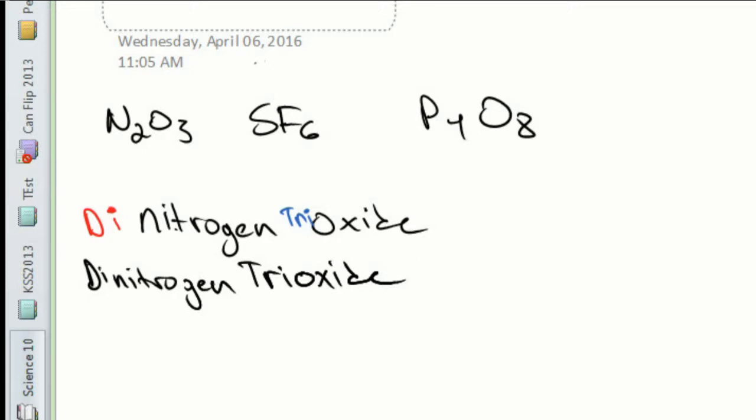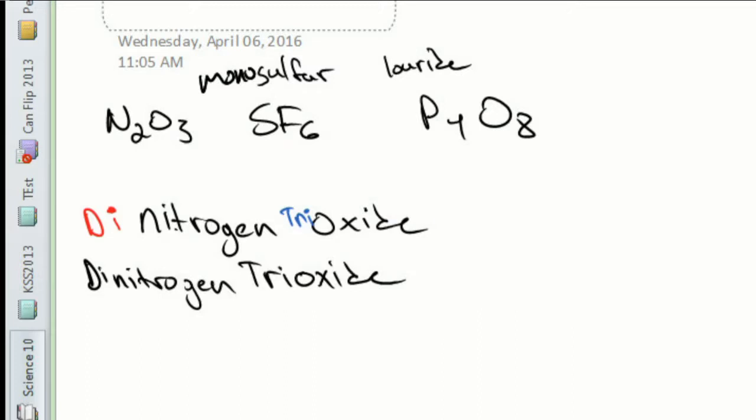Didn't really leave myself a ton of room here. Next one's sulfur, and fluorine gets changed to fluoride. How many sulfurs do we have? What's the number next to the sulfur here? Well, it's a 1. Remember my rule 3. Or no, what rule was it? If we have 1 to start, we never write mono in front of the first thing.